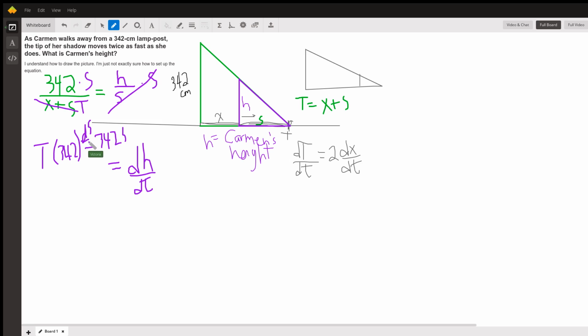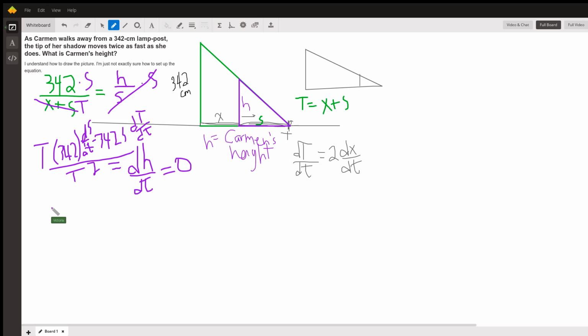I need ds dt here. Minus the top times the derivative of the bottom, which is dT dt, all over the bottom squared. And that's supposed to equal dh dt. But the height isn't changing, so this is 0.